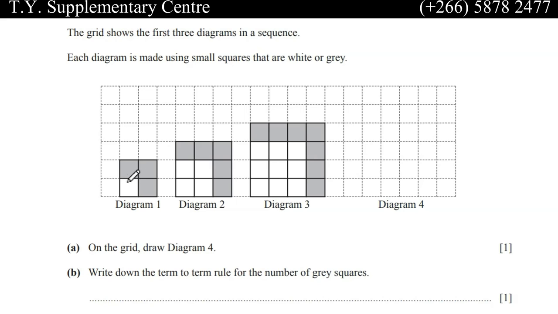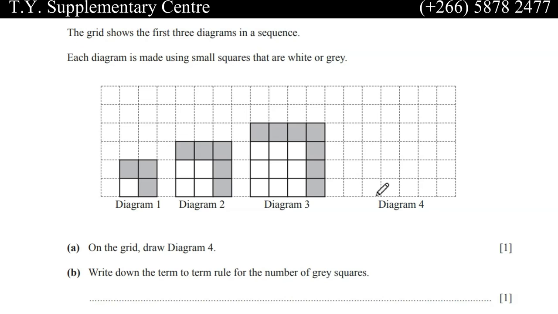If you look at how the first, the second and the third diagrams have been drawn, we can see that this is a 2 by 2 box, this is a 3 by 3 box, and this is a 4 by 4 box. So obviously the fourth diagram will be a 5 by 5 box.